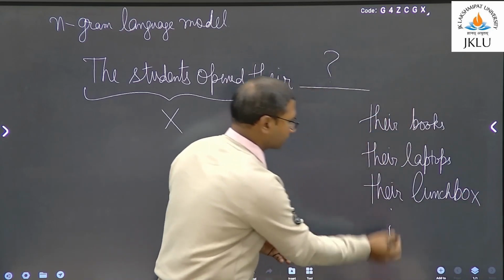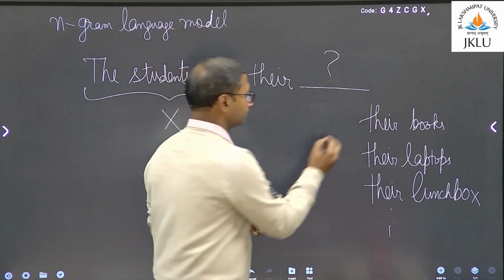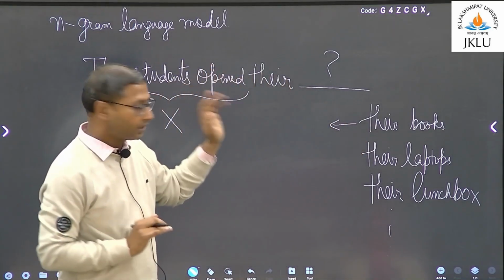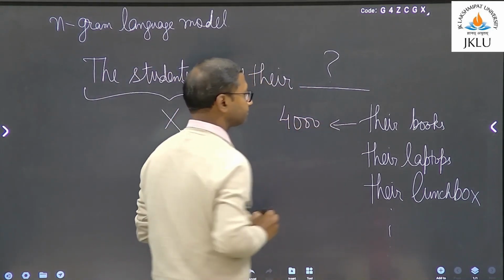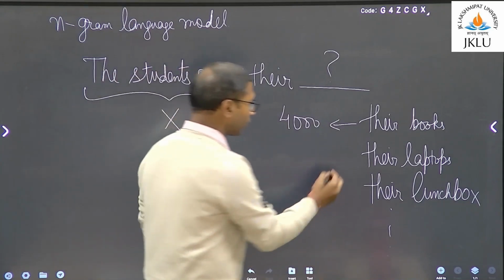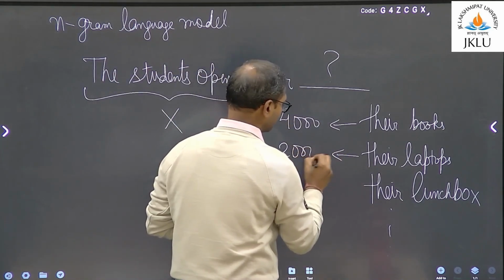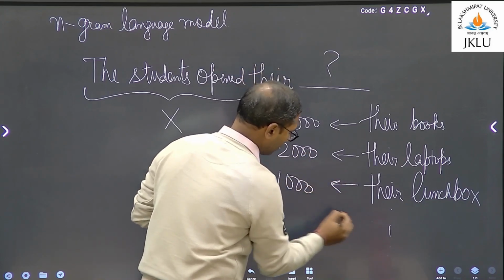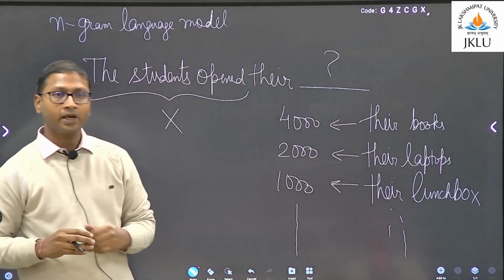So, there is a whole list, okay. Now, let us say their book occurs, so I am taking random numbers now, okay. So, let us say their book occurs 4000 times and their laptops occur 2000 times, lunch boxes 1000 and so on. So, you have this whole list, okay.